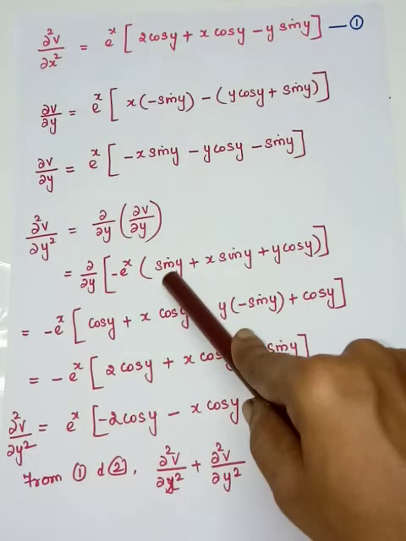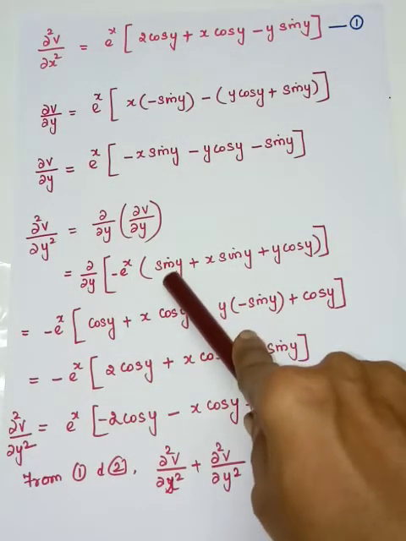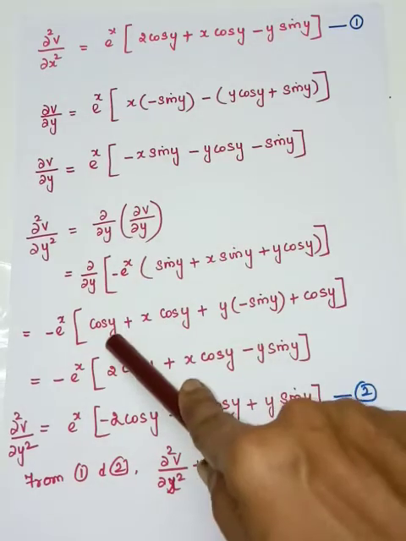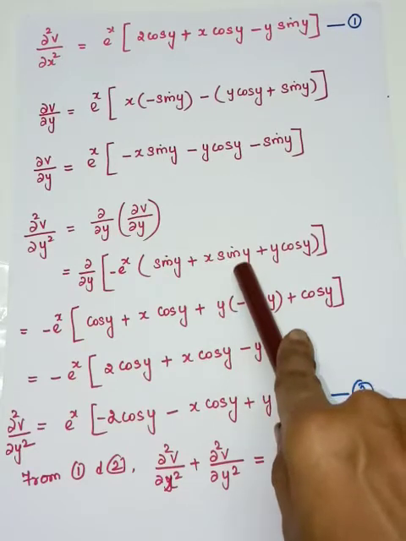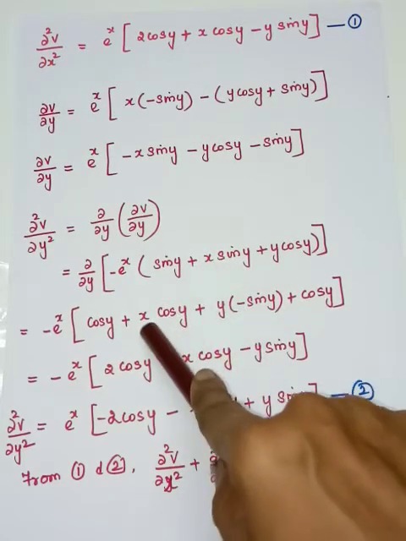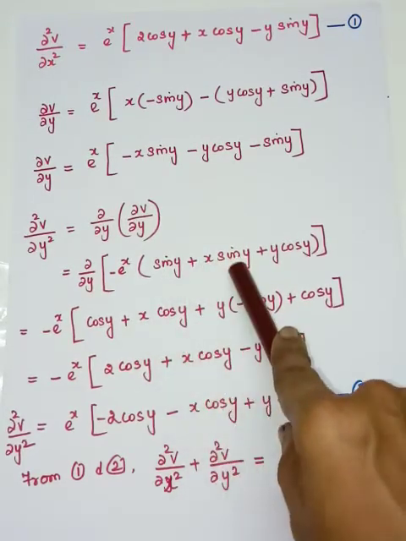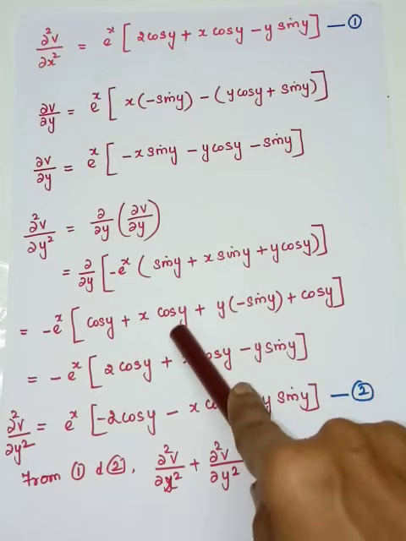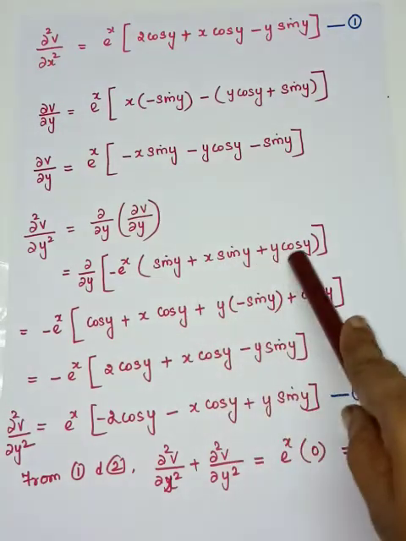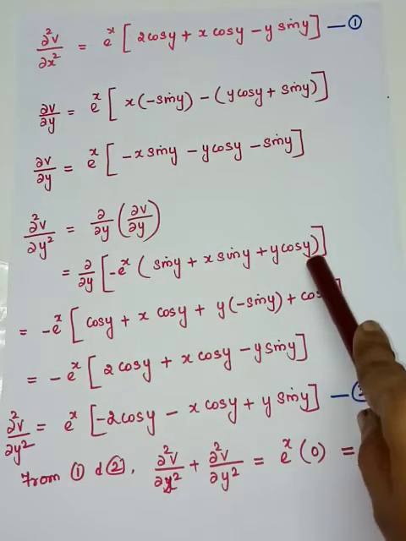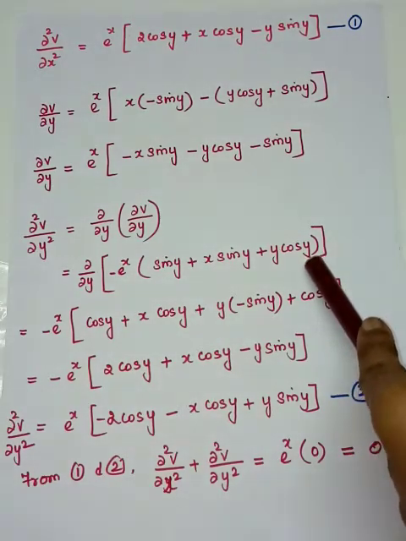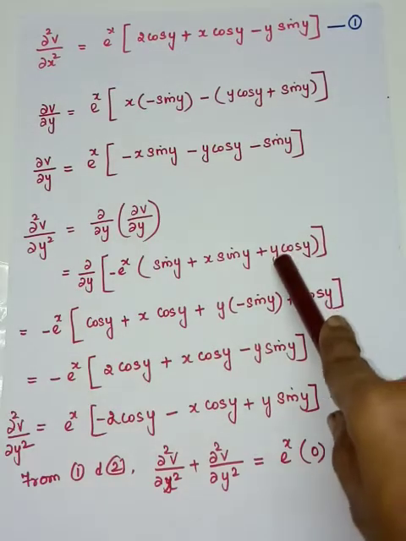Look at the first term, sin y. The differentiation of sin y with respect to y is cos y. And come to here, x sin y. X sin y, x is a constant, so it is written here, and the differentiation of sin y is cos y with respect to y. And see that here there are 2 terms, they are in the product, so here you have to use the product rule when you differentiate this.